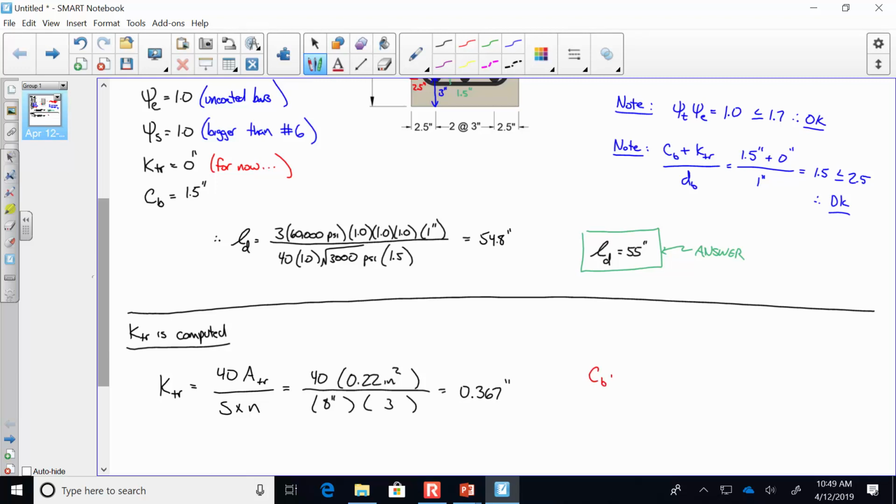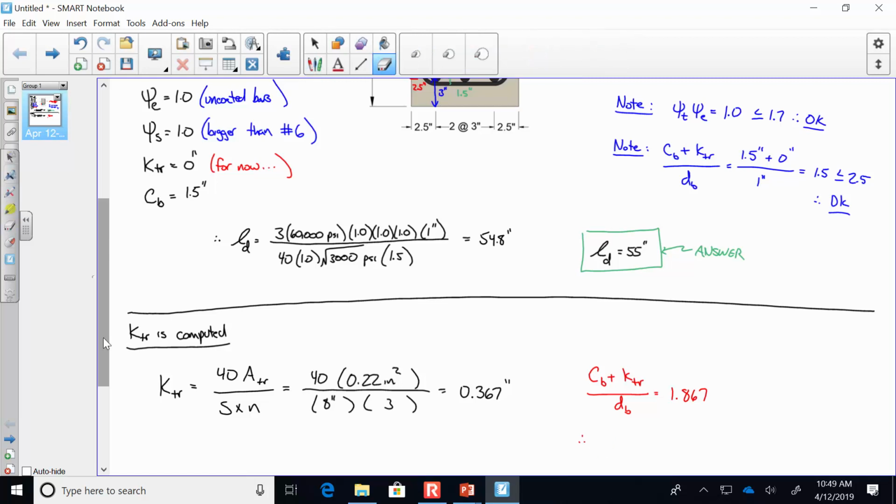What is C sub B plus KTR over D sub B going to be? It's not going to be 1.5 anymore, is it? Because here it was 1.5 because that was 0 inches. What does that come out to be? 1.867. Everybody following this?